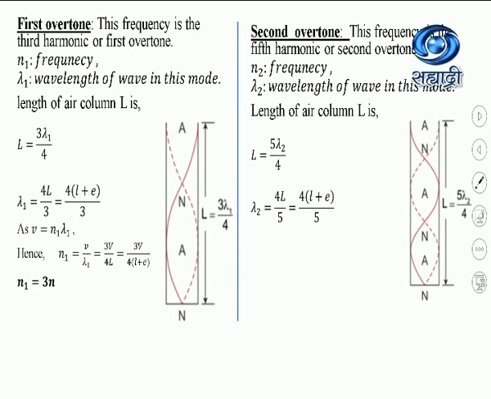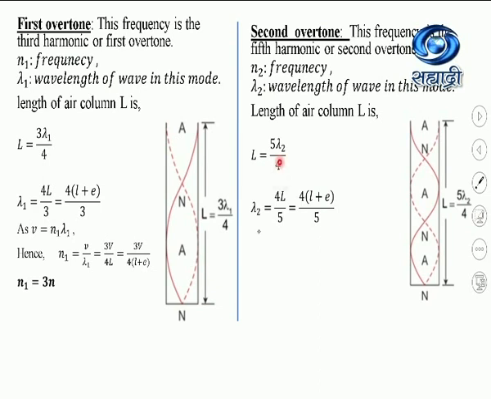From this point to this point, the wavelength is lambda 2 upon 4. From this to this point, it is lambda 2 upon 2. From this point to this point, again lambda 2 upon 2. Therefore the total is 5 lambda 2 upon 4.